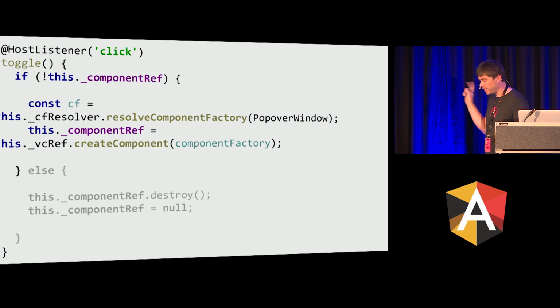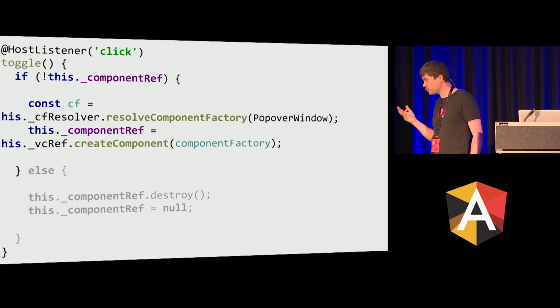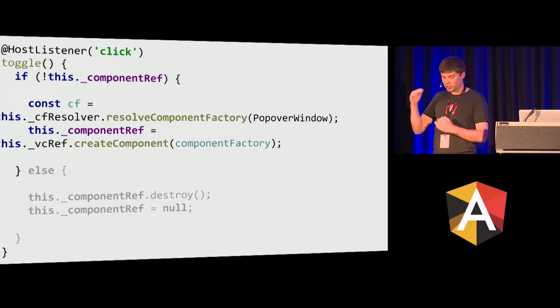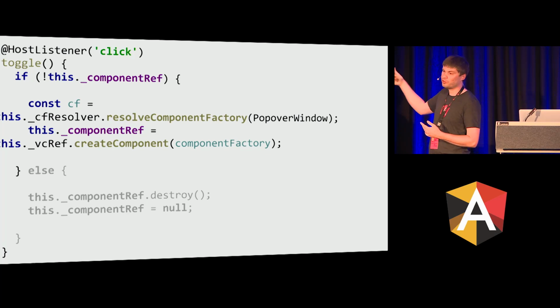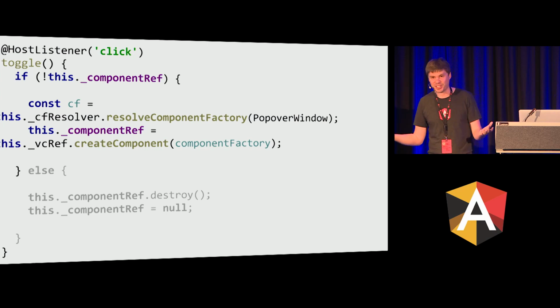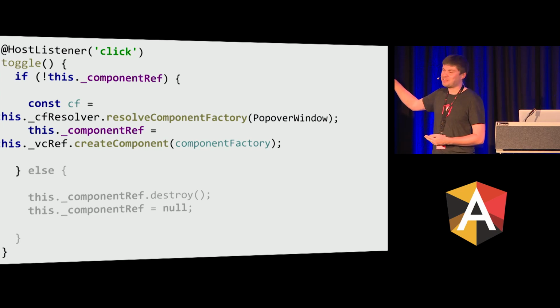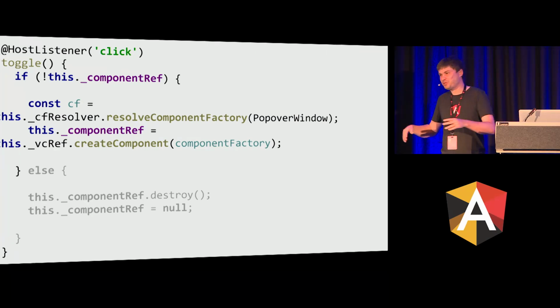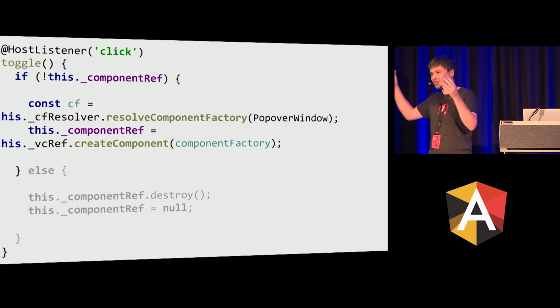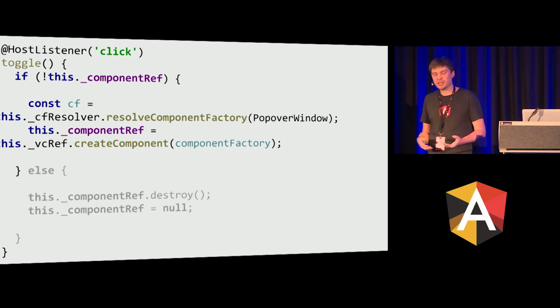As soon as we get a hold of this component factory resolver, we can do a two-step process to turn our component into a view that we can insert dynamically. First of all, we call resolve component factory from a type. It gives us a component factory. And then we can go to ViewContainerRef and say create component. There's a bit of ceremony. Those method names are quite long, and you have to do all those steps.